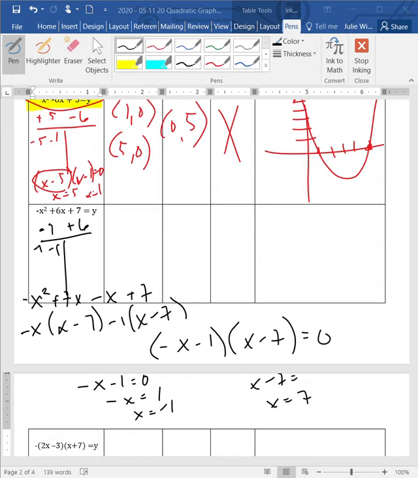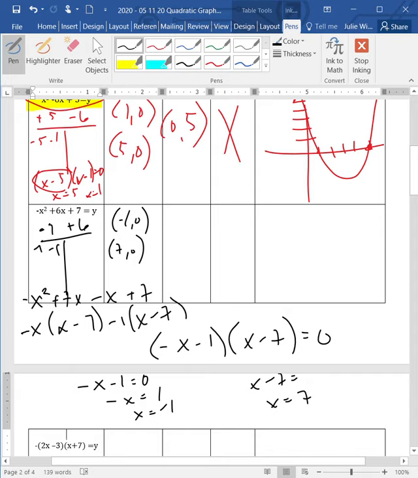Wow. Okay. So my first x-intercept is (negative 1, 0). You can write them in either order. My other x-intercept, if I hover over this, is (7, 0). Are those the same things as our solutions? They sure are. Okay. What about this y-intercept? (0, 7).